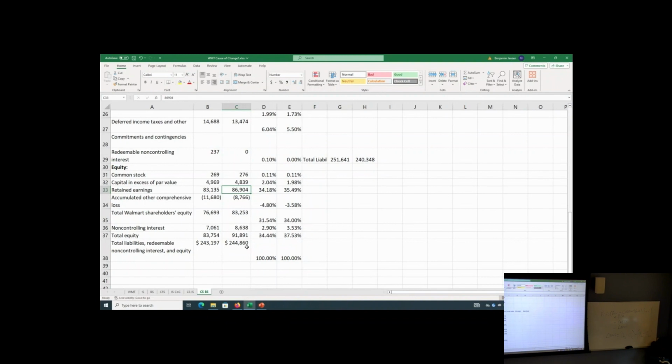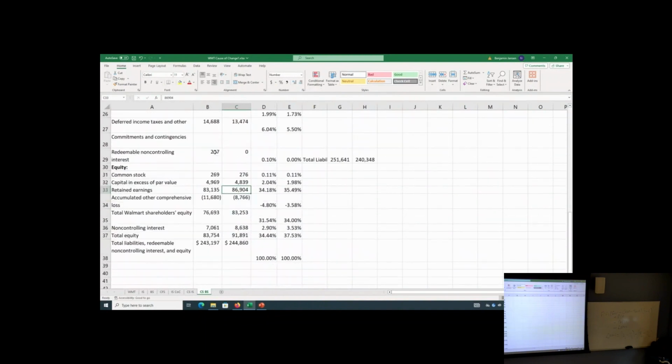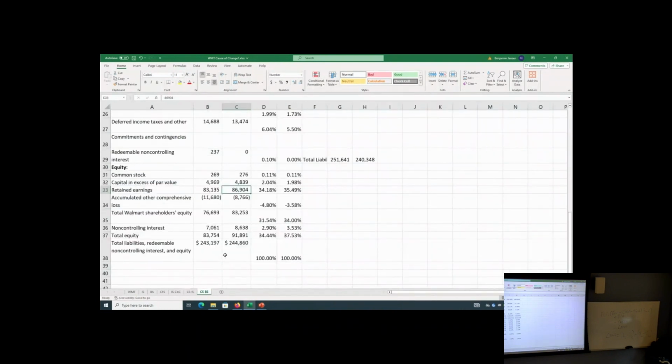Not because we've had a significant increase in total assets, right? Actually, total assets declined just a little bit. So we see that retained earnings have decreased as well. Not necessarily the best sign, right? Over time, we want to see value-adding companies, and so we should see a growing retained earnings and growing in proportion to the total balance sheet. But we've seen that the company hasn't been performing as well over this time period.